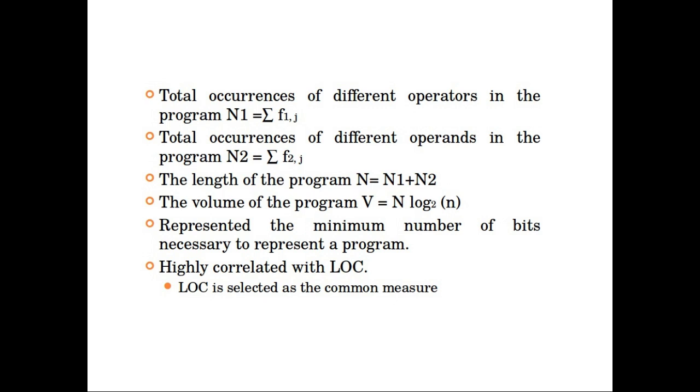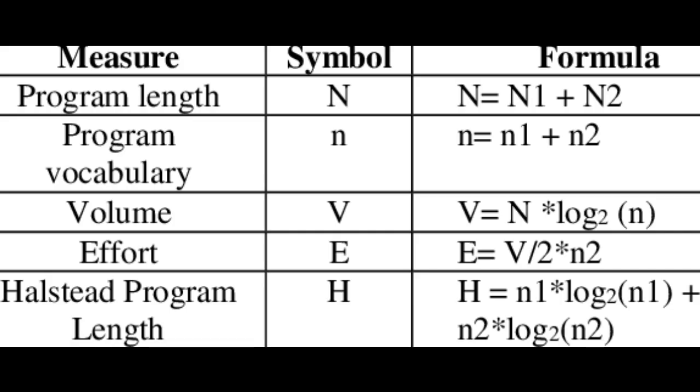I know that LOC is the common measure which is selected for size measurements. So the different measures can be represented with these different formulas: program length, program vocabulary, volume, effort, and Halstead program length can be identified using the number of operands and number of operators with these various formulas.